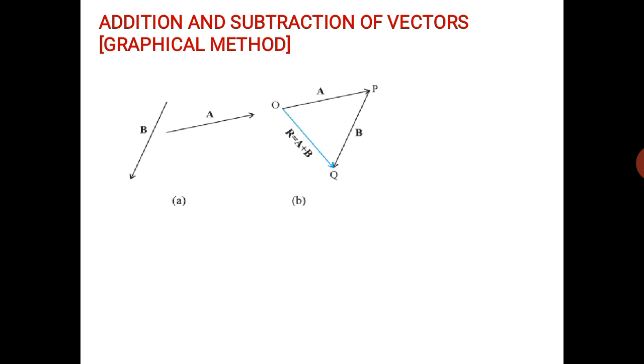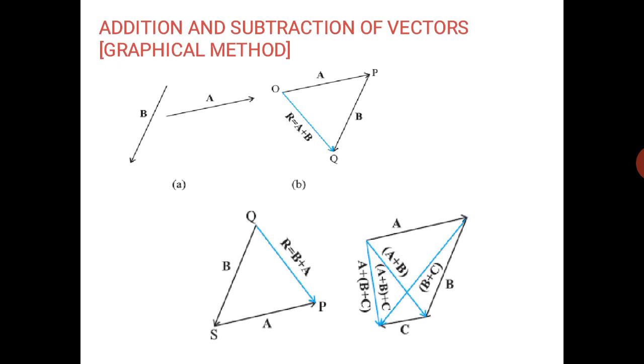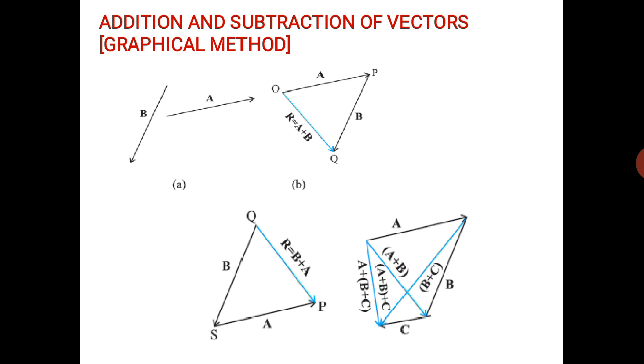Is it clear? Okay. Go for the next example. See, in this figure, vector A plus vector B is shown in the first figure, and in the next figure, the first vector is QS, the second vector is SP, then their sum is QP.